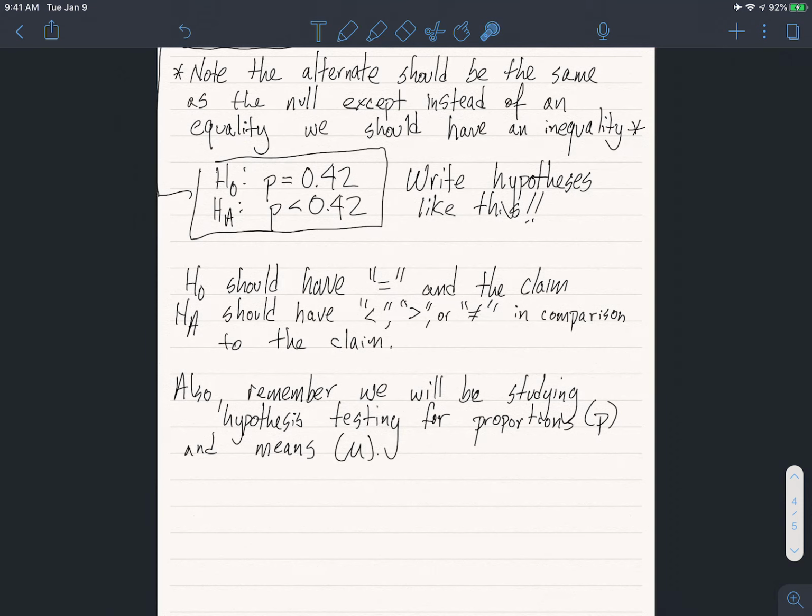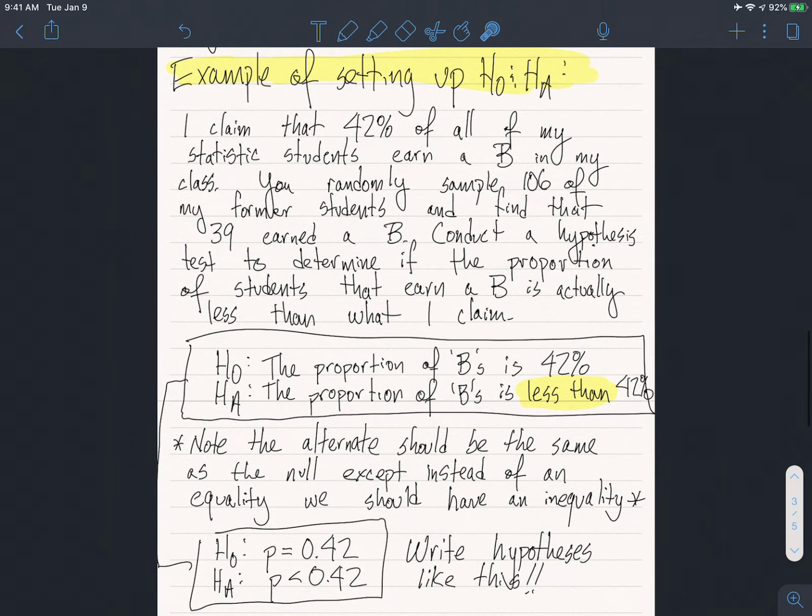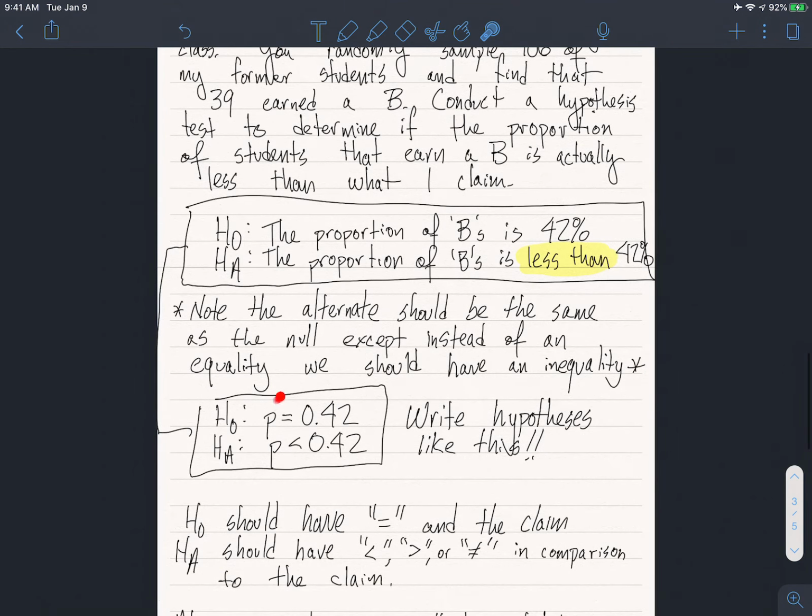So that's why I used P up here, because the question was about proportions. It was about percentages, right? So in my hypotheses, I used P. The claim proportion is that it's equal to 42%. That's what I claimed. And the alternate is that the true proportion is less than 42%.